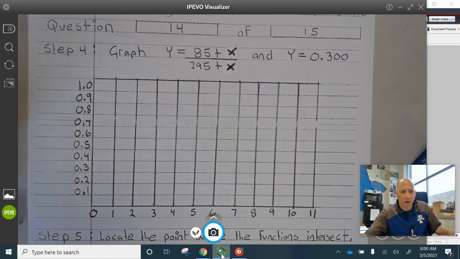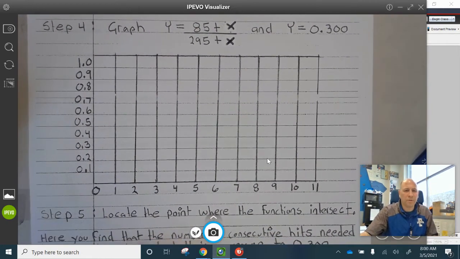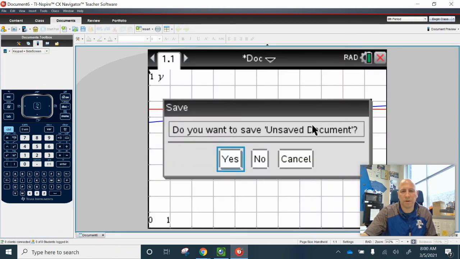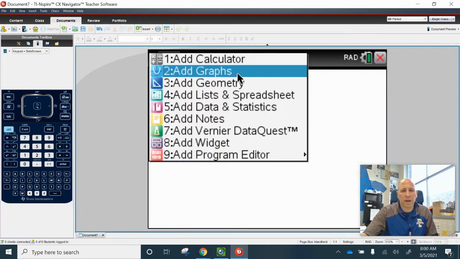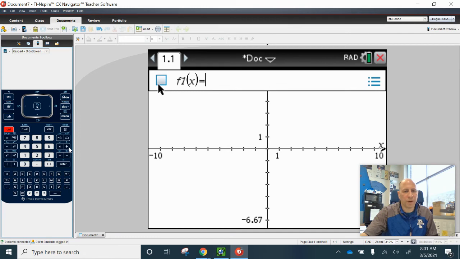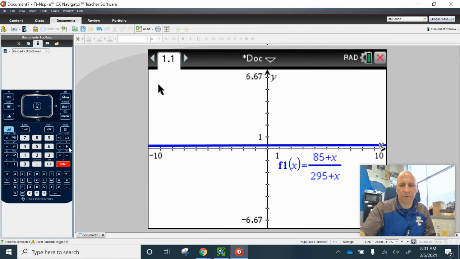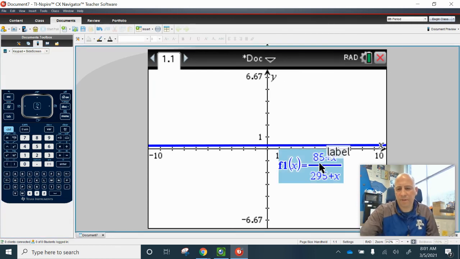You can graph it by hand, but honestly, I recommend going here in new document, add graph, press Control divide. We're going to graph (85 plus x) divided by (295 plus x). Press enter. I'm going to delete this.